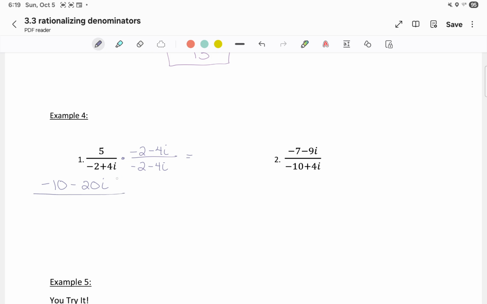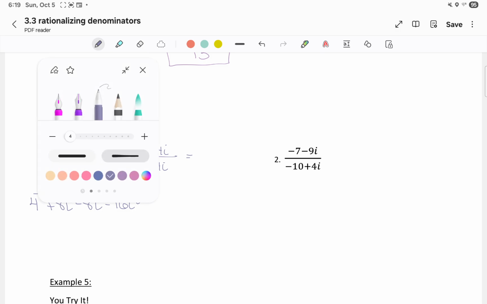And then we can multiply the denominators. So negative 2 times negative 2, which is a positive 4. And then my outside terms, we have plus 8i. Inside terms is negative 8i. And then our last terms, which is negative 16i squared.